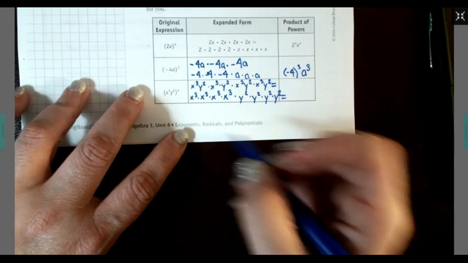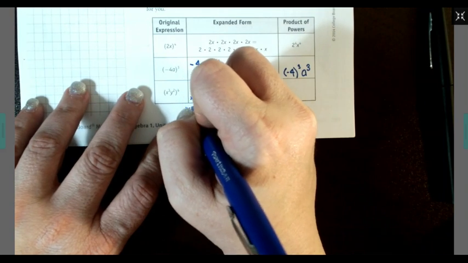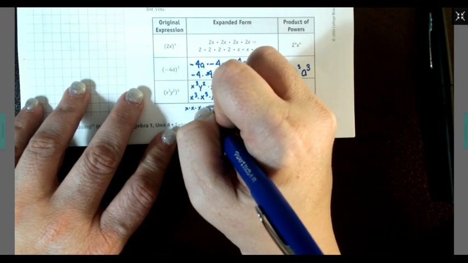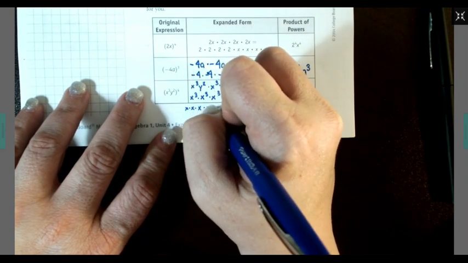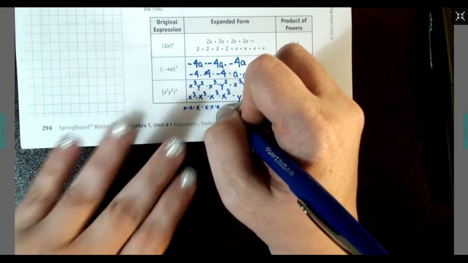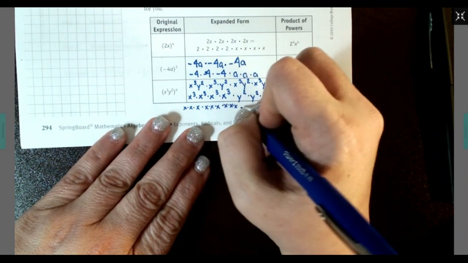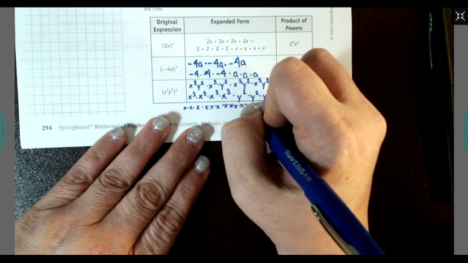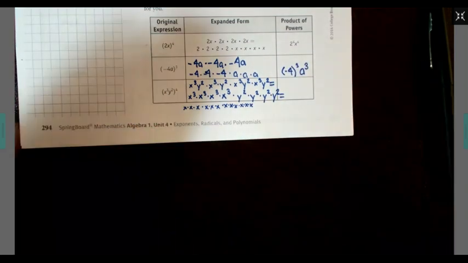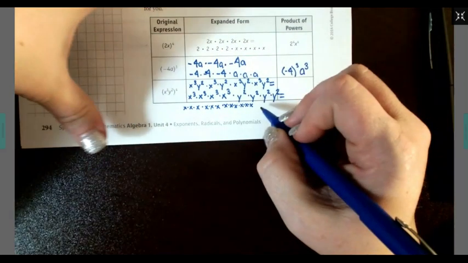Still not done, because now x is to the third power. So we got x, x, x, 1, 2, 3, 1, 2, 3, and the last one, 1, 2, 3. Those are just my x's, right? Still got to work on these y's.